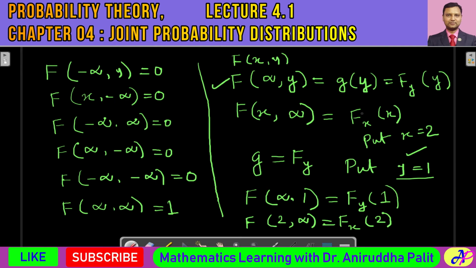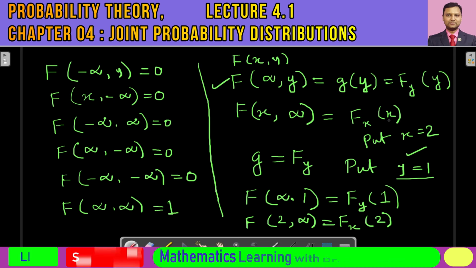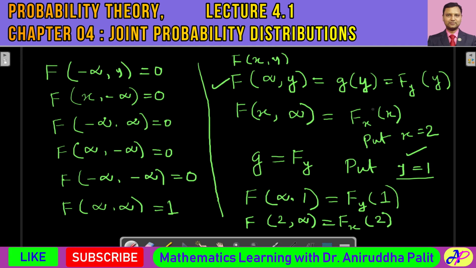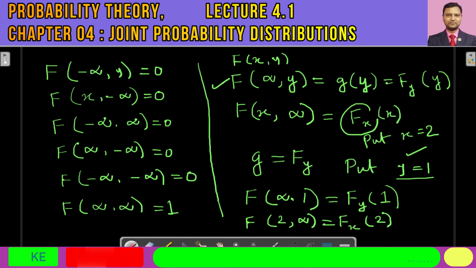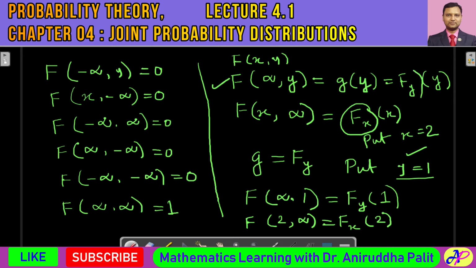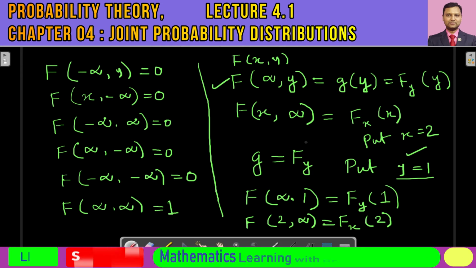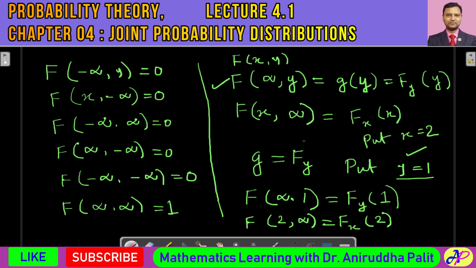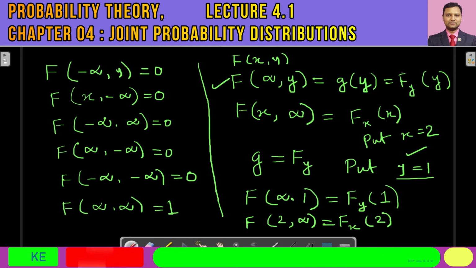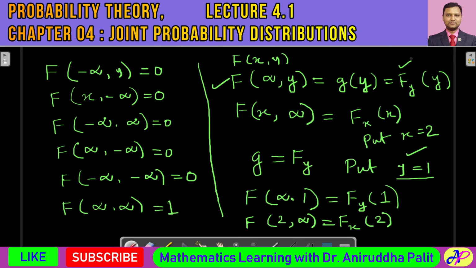And one can show that these functions satisfy all the properties of a distribution function. What are the properties of a distribution function? Firstly, this function should be a monotone non-decreasing function.